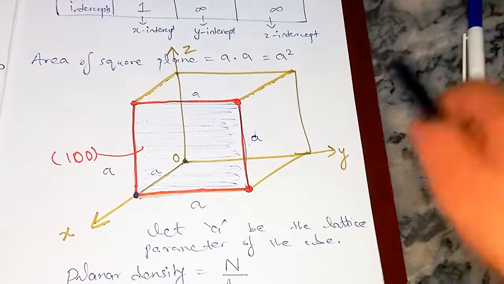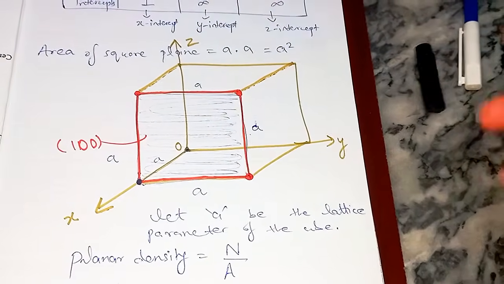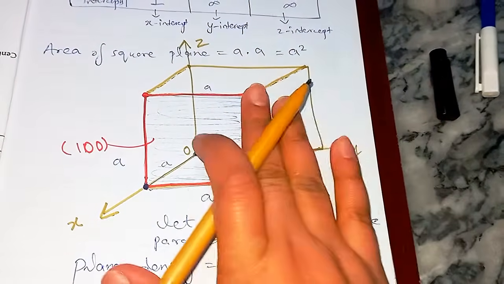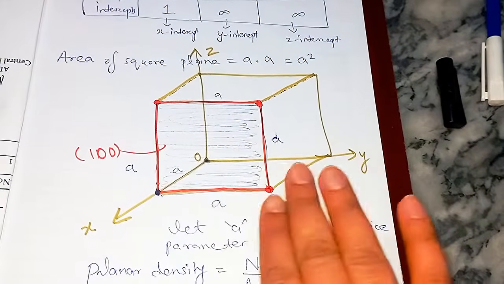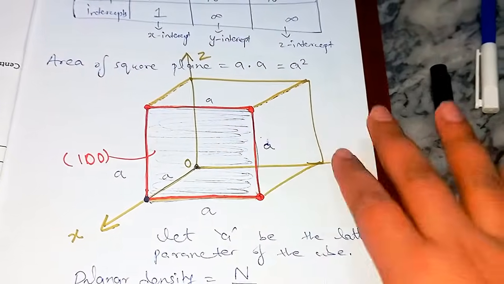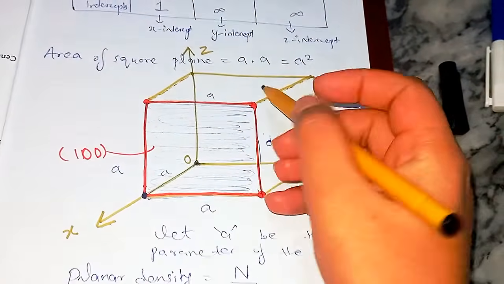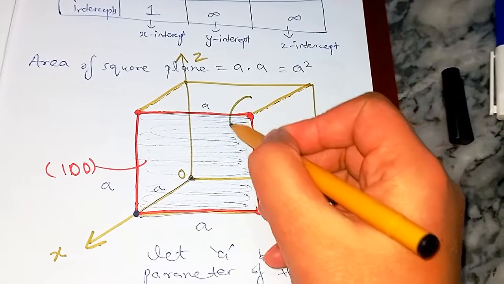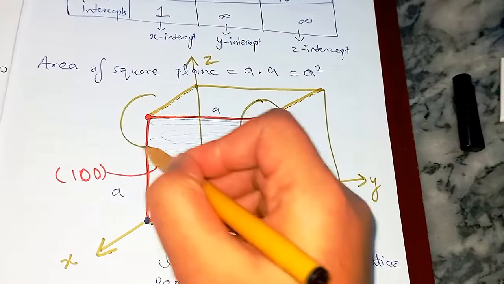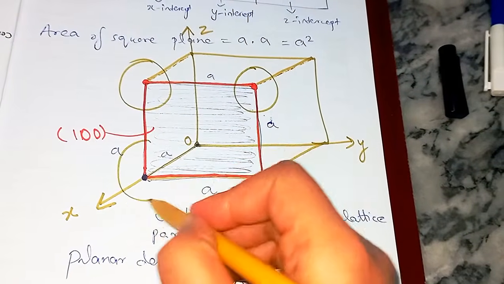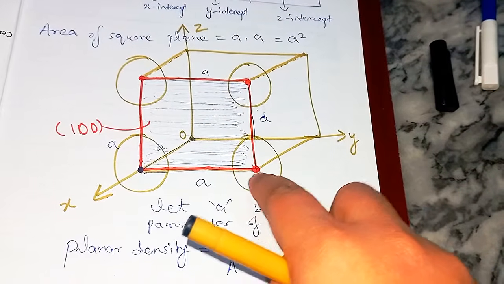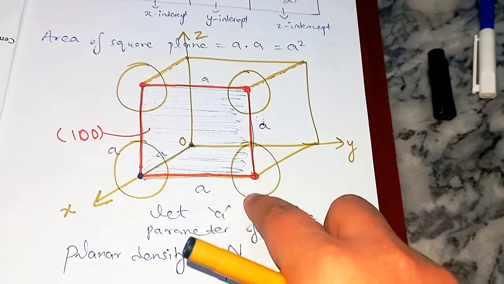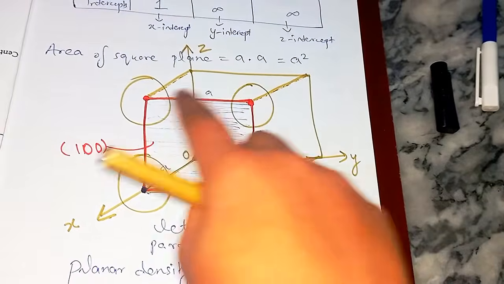So we can see here that it's a body-centered cubic structure, but this plane is lying on the wall, so there is no way that the body center atom is involved in here. That's obvious. And we can see here that there is a corner atom in here, there is another corner atom in here, this corner atom and this corner atom, because we have atoms at each of the corners of the unit cell.